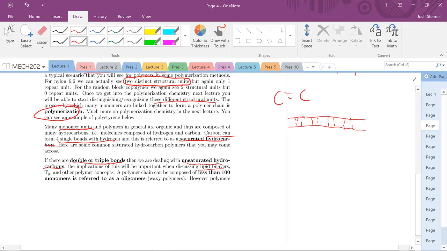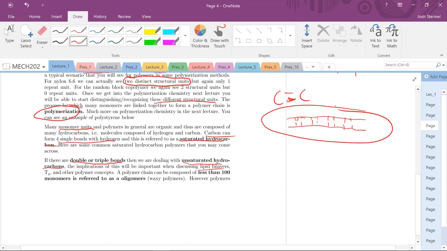So unsaturated hydrocarbons will really cause some issues in there. That's why we wanted to deal with those. At least when I was younger, there was a big move from saturated fats to unsaturated fats, and it all has to do with the fluidity of the lipid bilayer. But we'll talk about that a little later on.